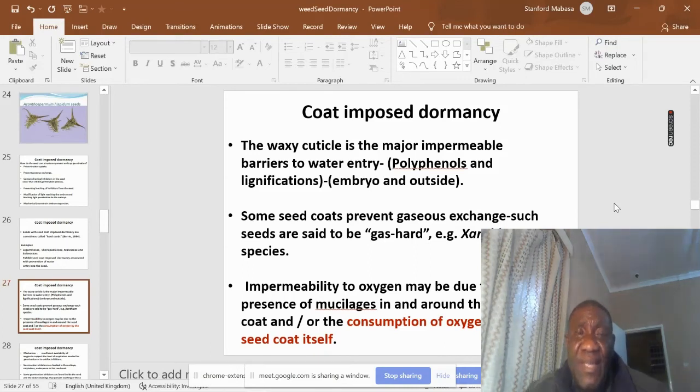Now, on coat imposed dormancy, you may have the wax cuticle, which can be a major impermeable barrier to water entry, where you have polyphenols and lignifications. These act like a waterproof, and you have your embryo, which is inside, and the water may not actually penetrate this barrier.